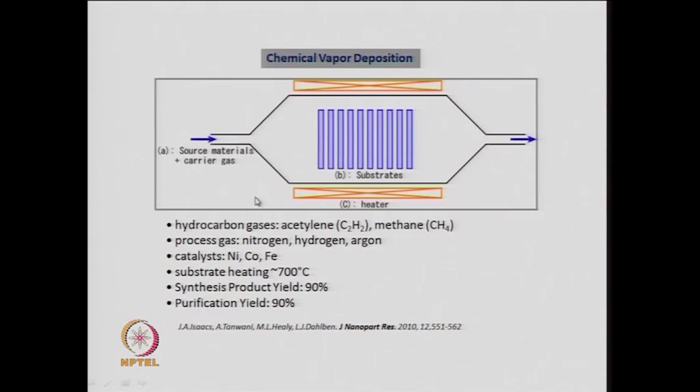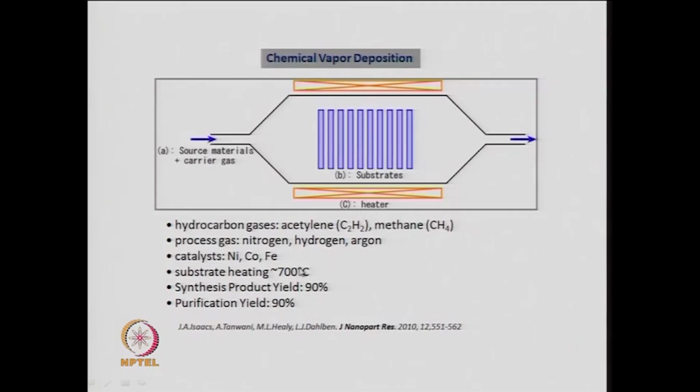Hence, the chemical vapor deposition, a technique already known for other types of materials, was developed, and in chemical vapor deposition you use hydrocarbons like acetylene or methane, and it is passed through a chamber where there is a substrate on which you want the deposition to occur, and there is a heater to heat the substrate.